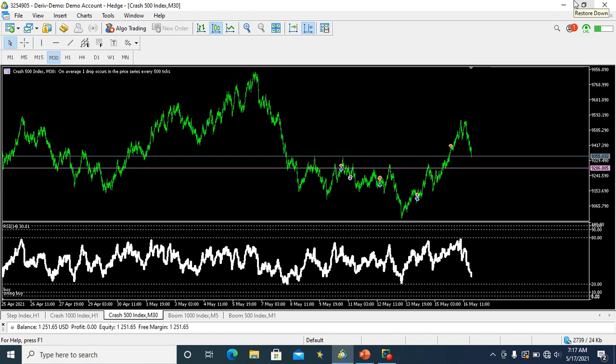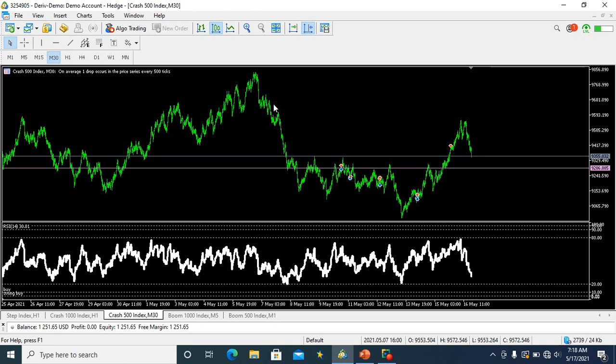So this is the design of crash and boom. You can see the Crash 500 Index, this is 30-minute, and the description says on average one drop occurs in the price series every 500 ticks. So there's always a drop in the crash, and of course the trend for crash is up.